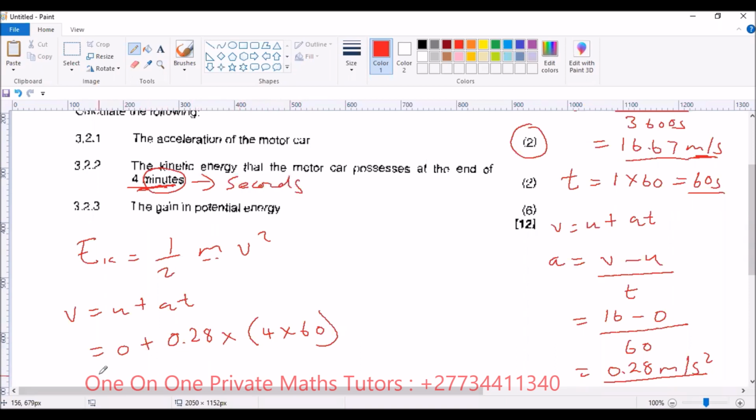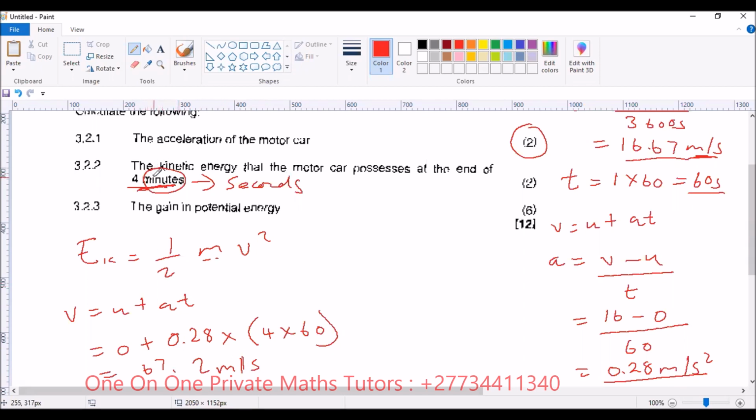Remember, we must change minutes to seconds. All right. So this will give us 0.28 times 4 times 60, which is 67.2 meters per second. That is the speed after 4 minutes.